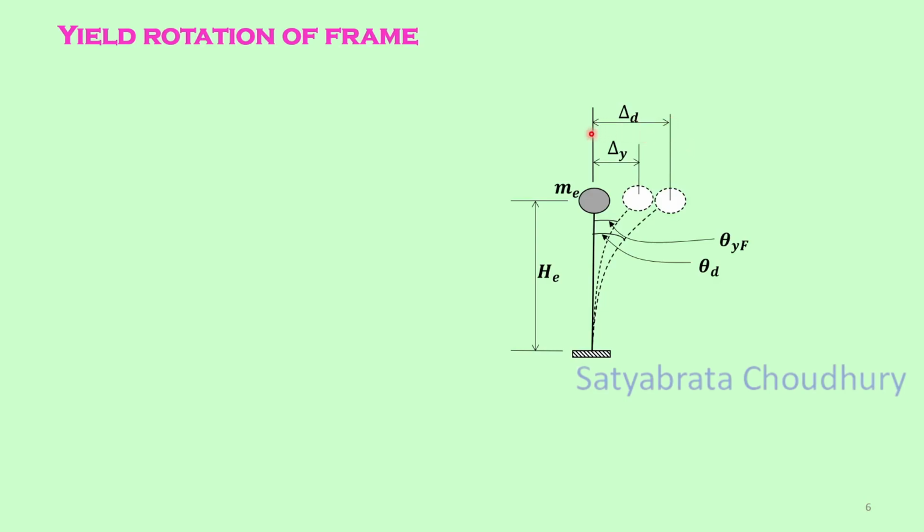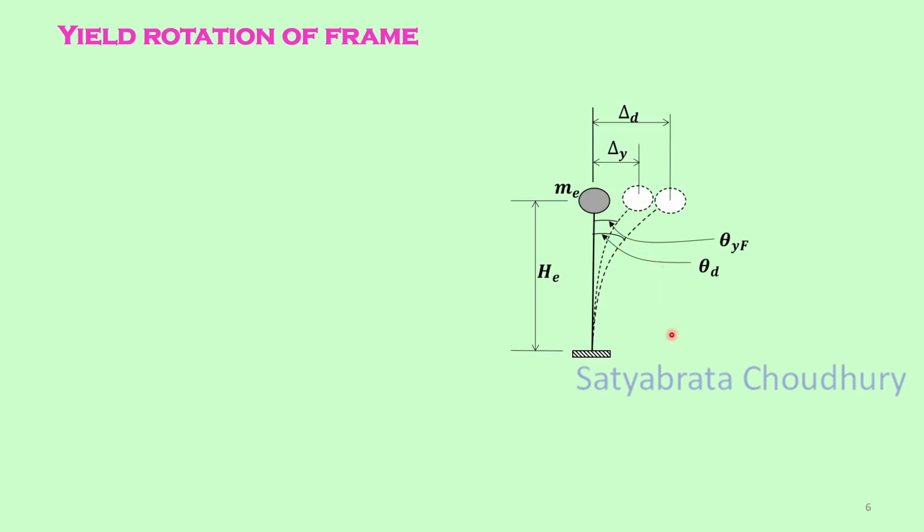Now this design displacement in terms of linear delta d comprises an elastic displacement and a plastic displacement. In terms of angular drift, the total angular drift theta d consists of the yield displacement theta YF, and the other part, which is not shown here, from here to here, is the plastic angular drift.